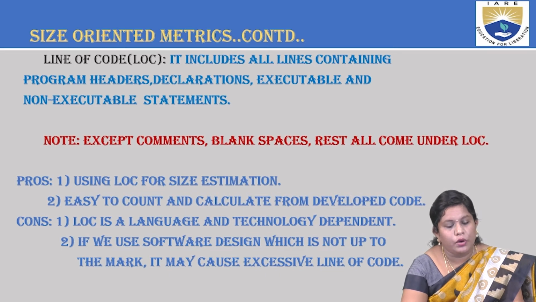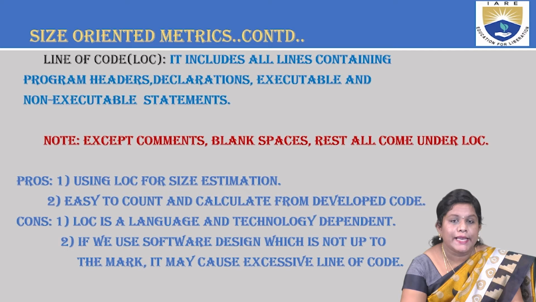Next, when we discuss the pros and cons, the advantages and disadvantages, of lines of code, the first advantage is that it helps us find out the size of your program. That is a very important advantage.